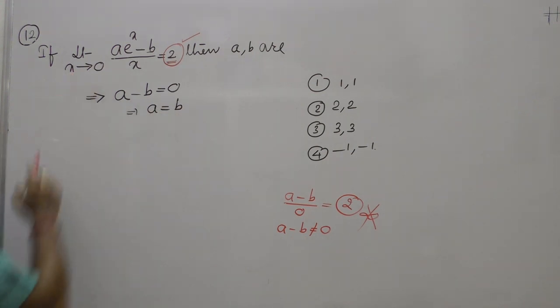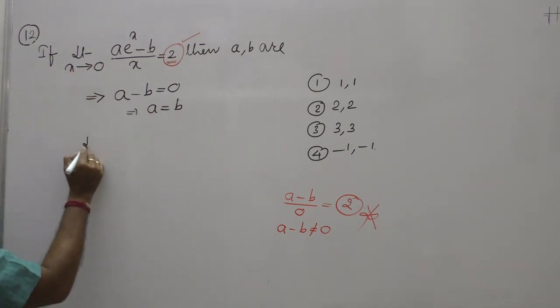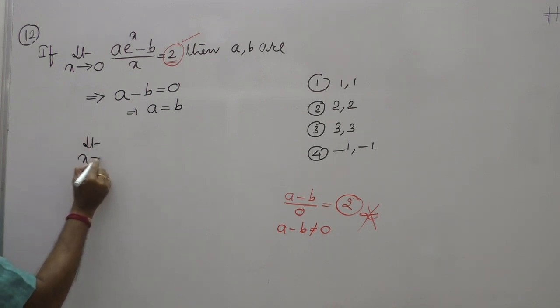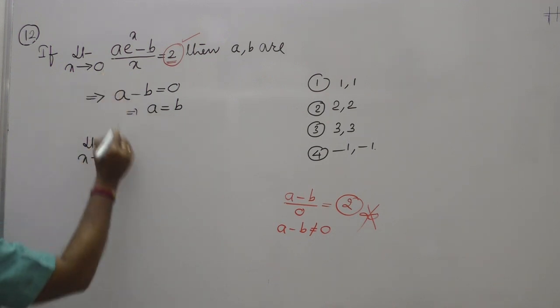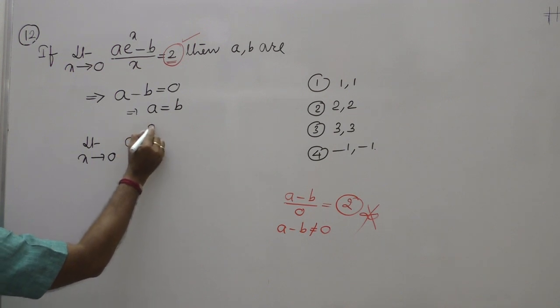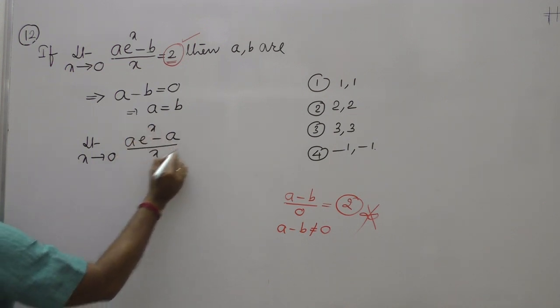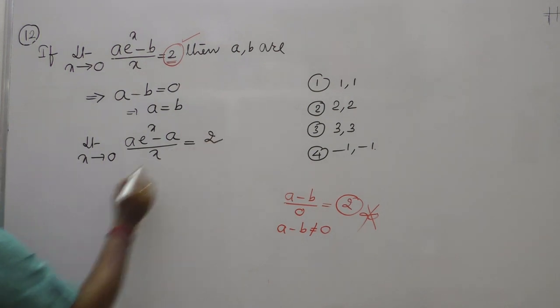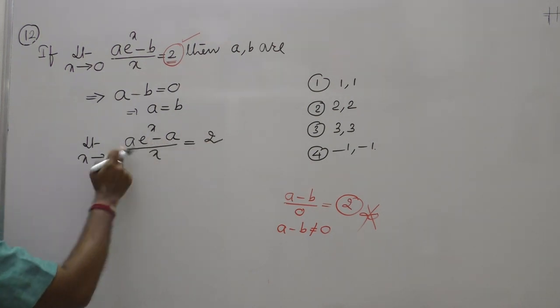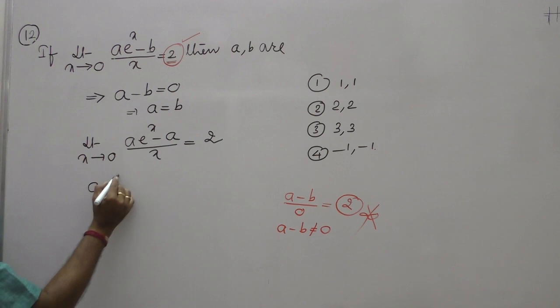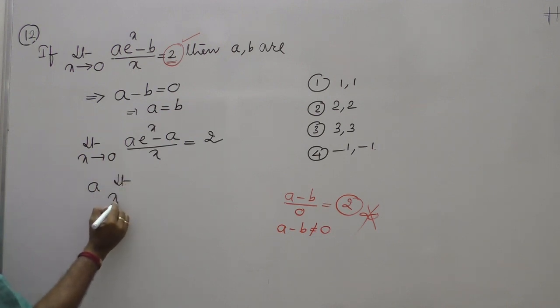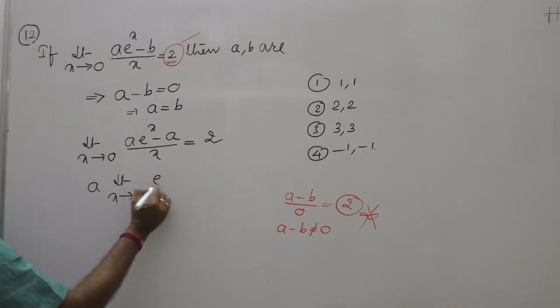So therefore, this limit now becomes, limit x tends to 0. A, b are both equal, no? Therefore, a into e power x, I can write a here, divided by x. I can take a common. A is a constant, you can write outside, limit x tends to 0.